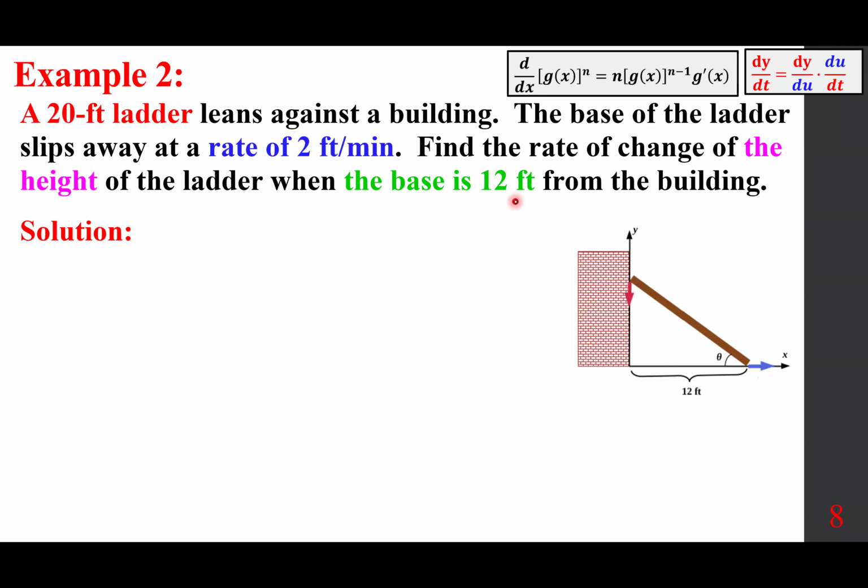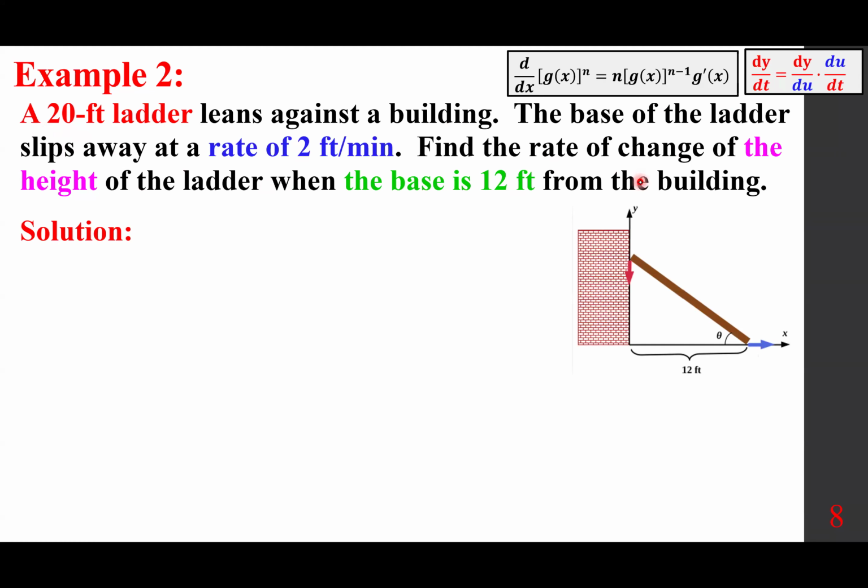So here's the building or the wall. Here's the ladder leaning against it. So we are going to define our variables, the sides x and y.